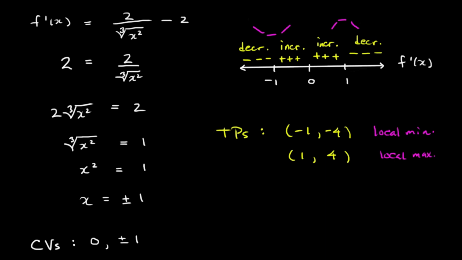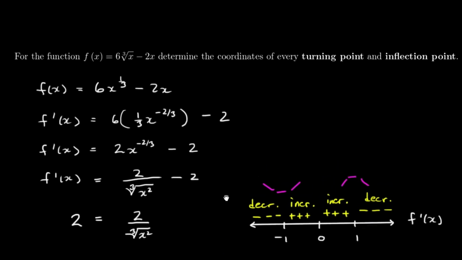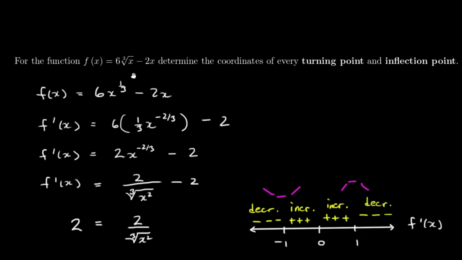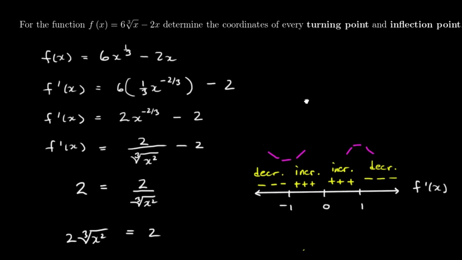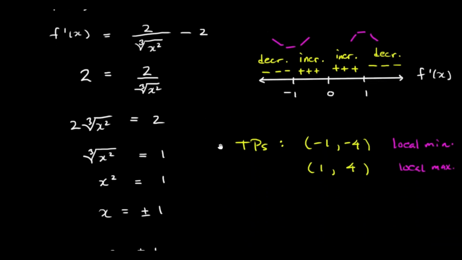It's possible we would have some kind of a sharp point or a cusp, but with the function increasing on either side of 0, to me that rules out a sharp point or a cusp. I guess we should make sure our function actually exists at x equals 0, and it's in the domain of the function, and of course it's just a cube root. So if I put 0 into that function, I get 0 back again, so I don't have to worry about any kind of discontinuity or asymptote.